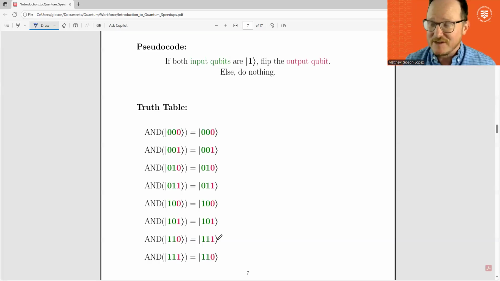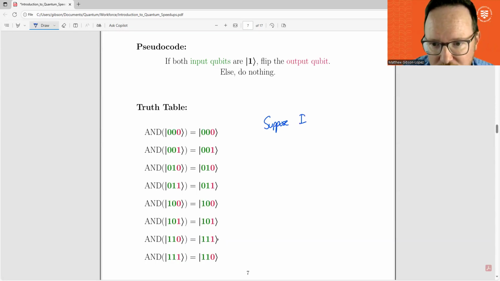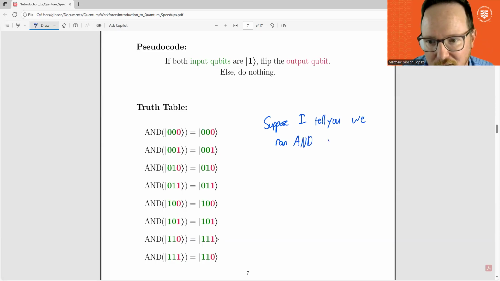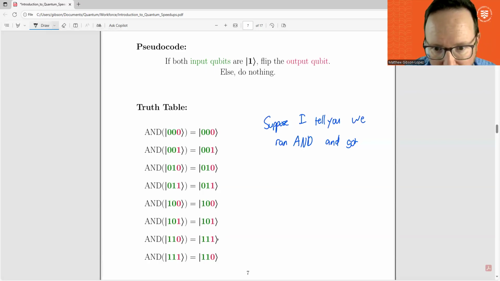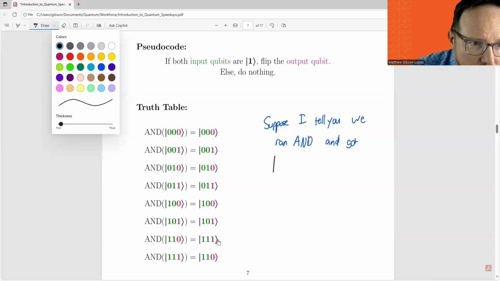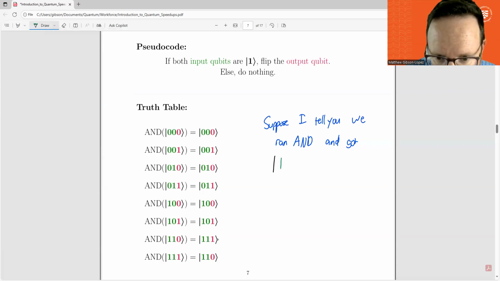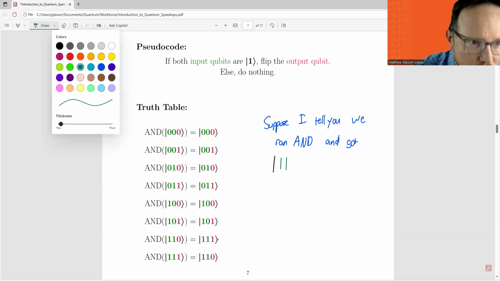Okay, so now I claim this is reversible because, for example, suppose I tell you we ran this and got 1, 1, 0 as output.